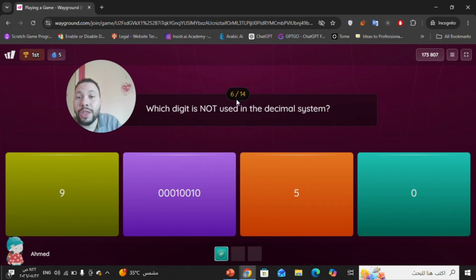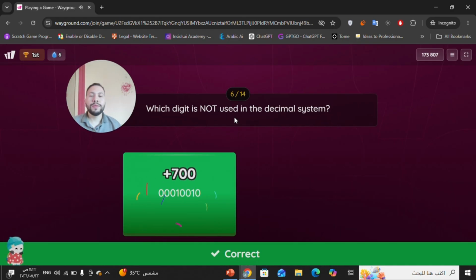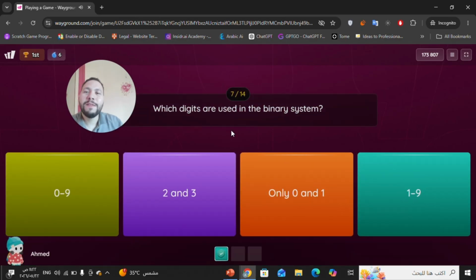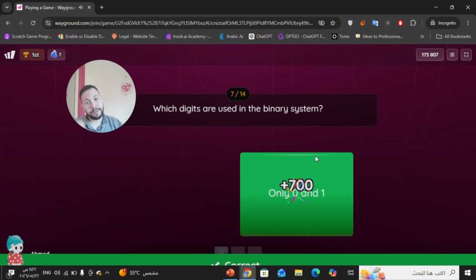Which digits are used in the binary system? 0 to 9, 2 and 3, 1 to 9? Only 0 and 1, yes.